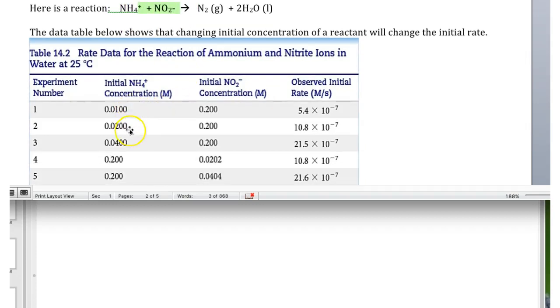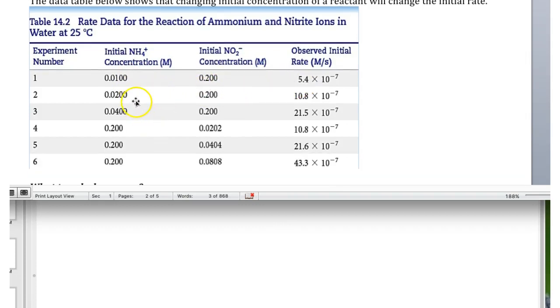And look, as you double NH4, the rate also doubles. So it goes from 5.4 to 10.8, doubled. So that tells us that there's a direct proportional relationship here. If you look here, 0.2 to 0.4, and you keep this guy constant, the rate also doubles, 10.8 to 21.5.